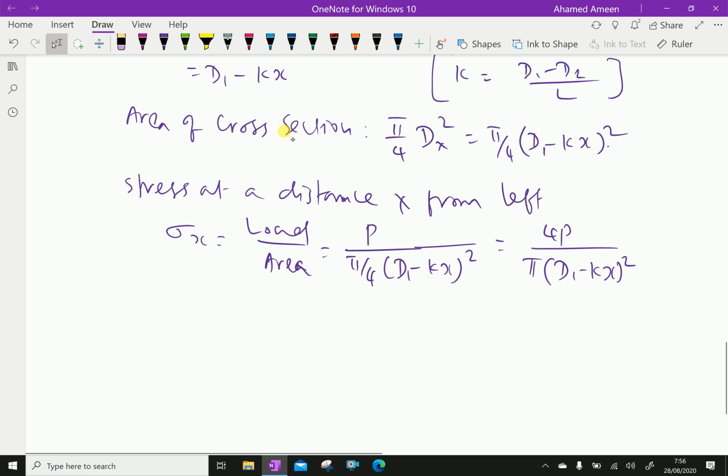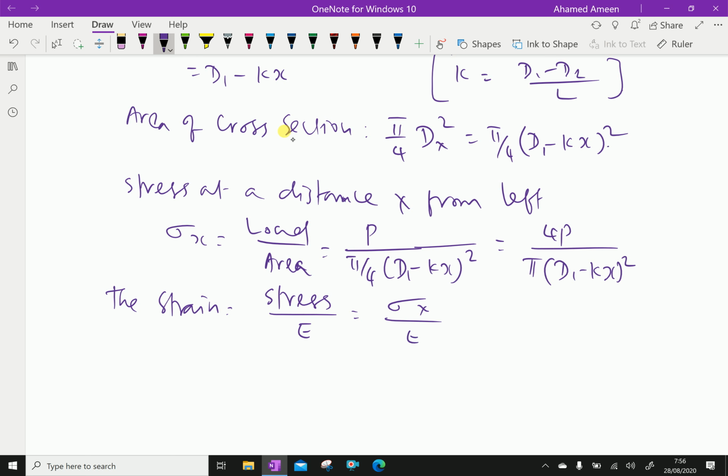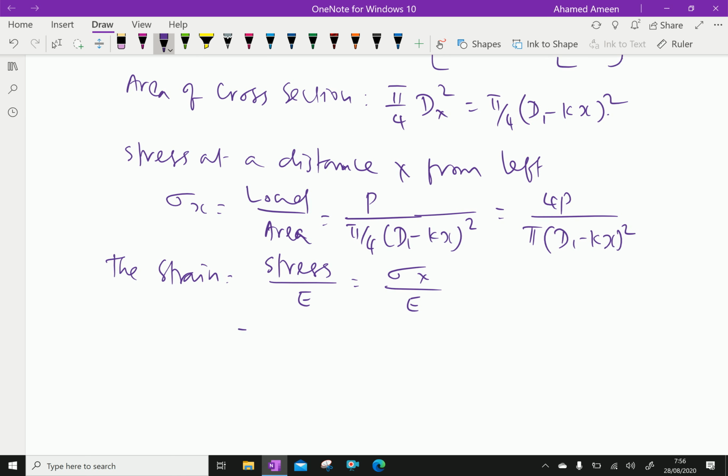Now the strain. We know that strain is stress by Young's modulus E, which is equal to sigma x by E. Already sigma x is 4P by pi (D1 minus kx) whole square, so strain is 4P over pi E (D1 minus kx) whole square.